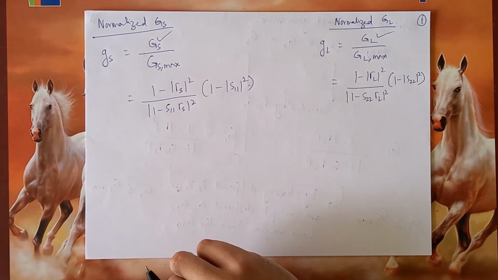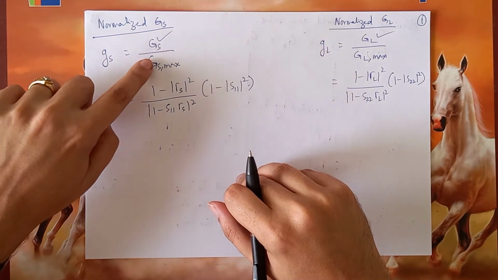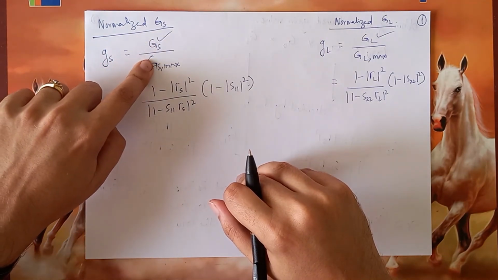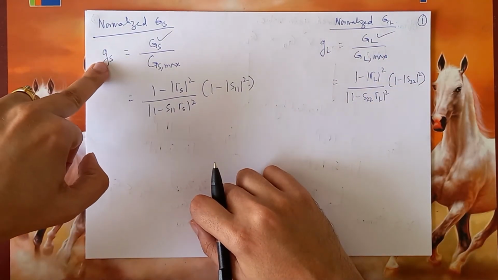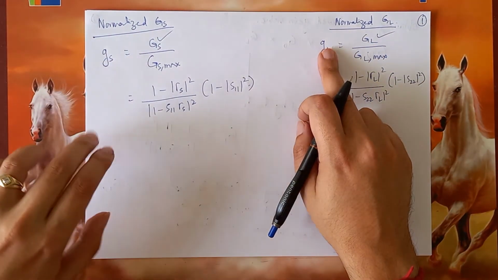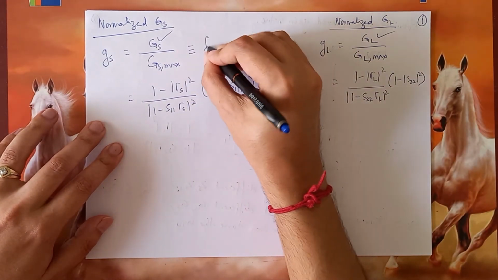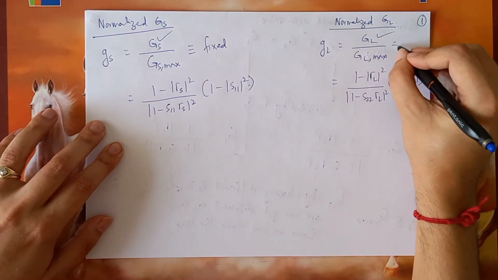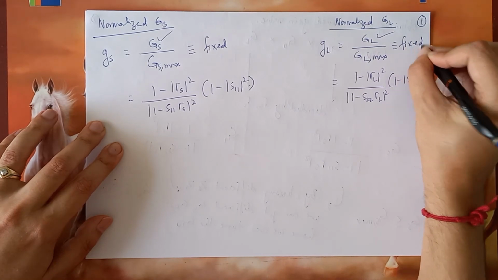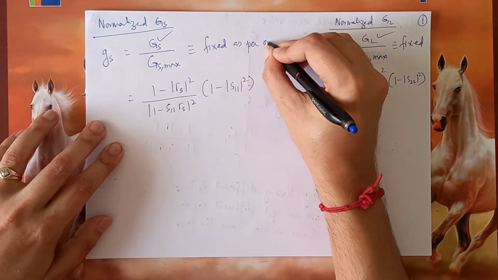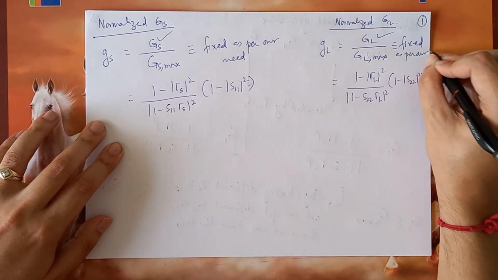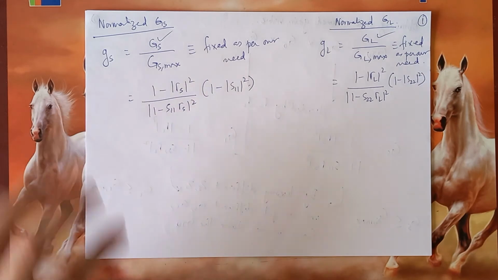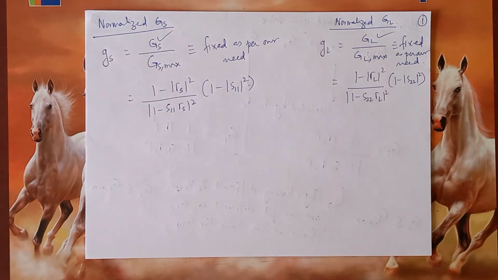Now, if we are fixing GS and GS max is fixed, if we are fixing GL and GL max is fixed, what we are seeing is that small gs and small gl are also fixed.